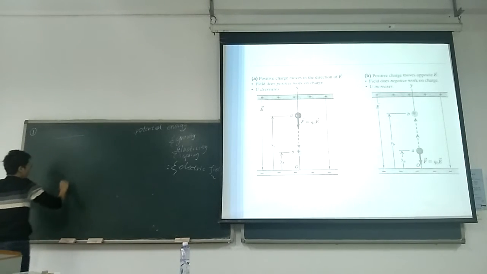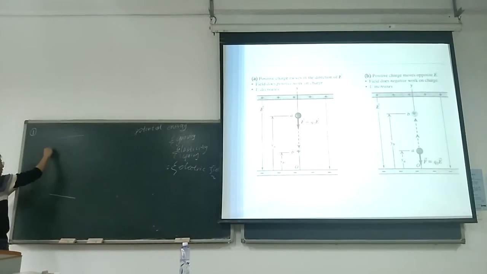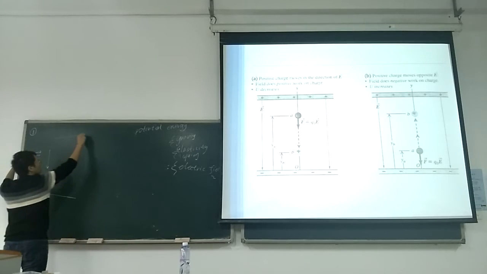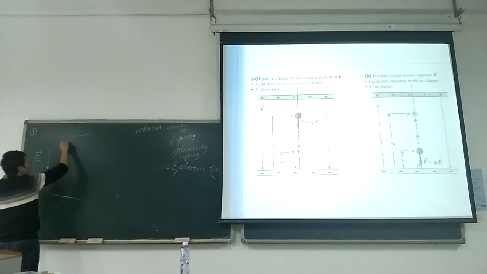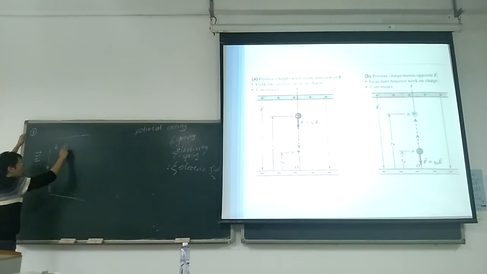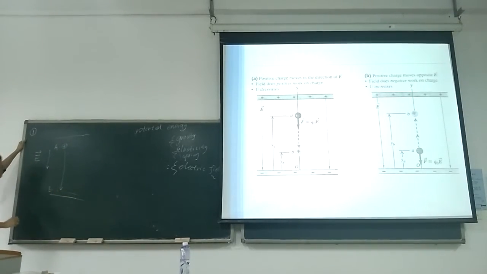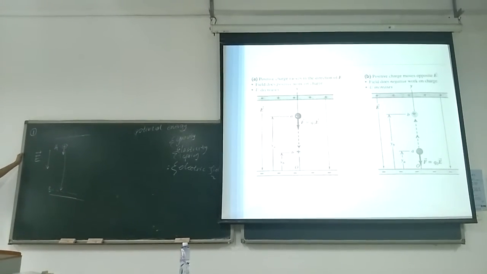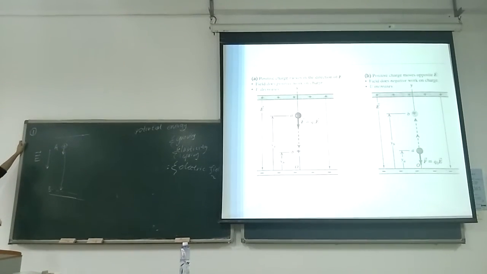The electric field from the upside to the downside is E. If a positive point charge moves from point A to point B, you will find the force on it is in the same direction as its displacement.